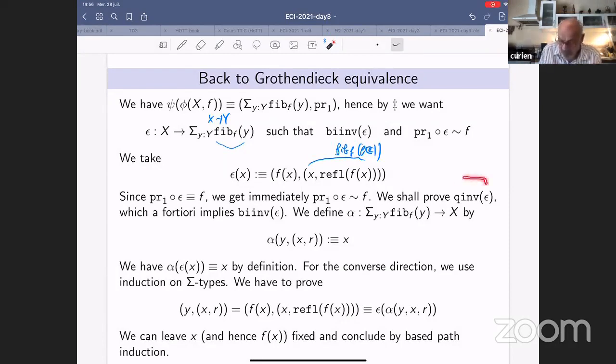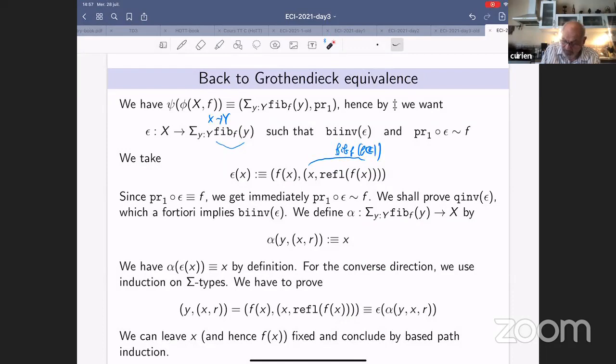As well, I can prove that this guy is inhabited, because then by logical implication, this guy will also be inhabited. Okay, so we need to find an inverse. We need to find a function that goes from here to here. And this function again is quite easy. So you take an element in this fiber, and you can take it to be a triple, because again you do induction on sigma types.